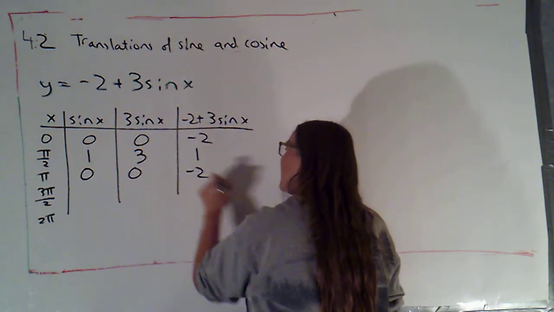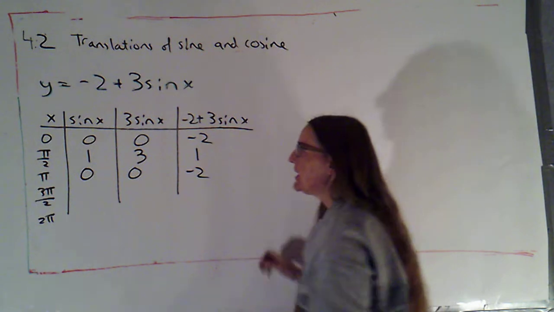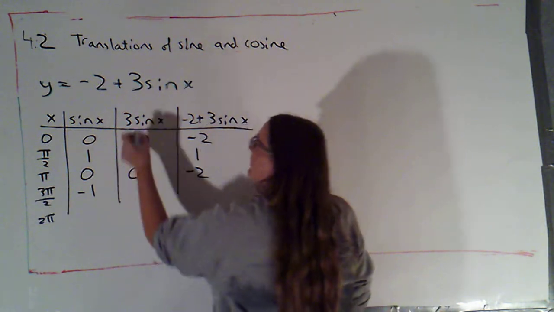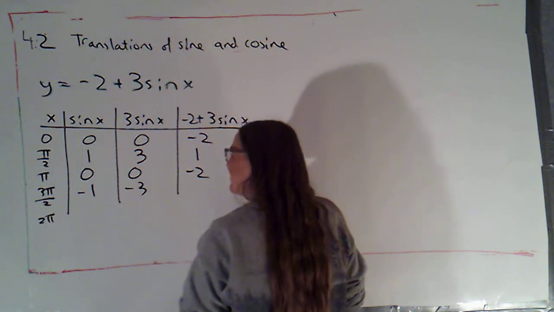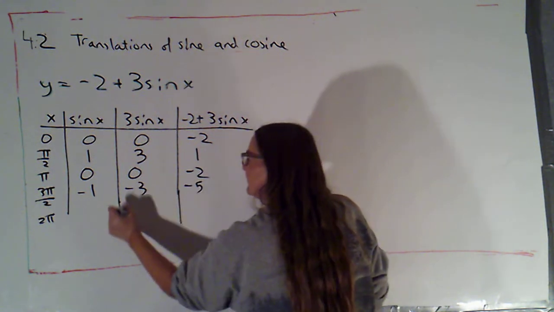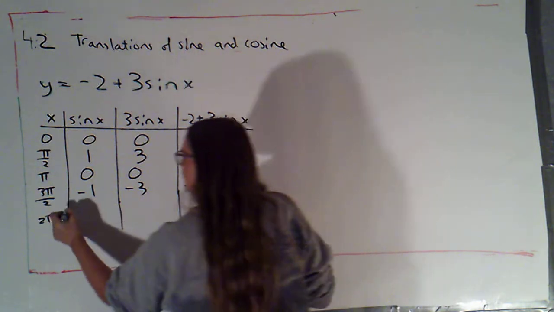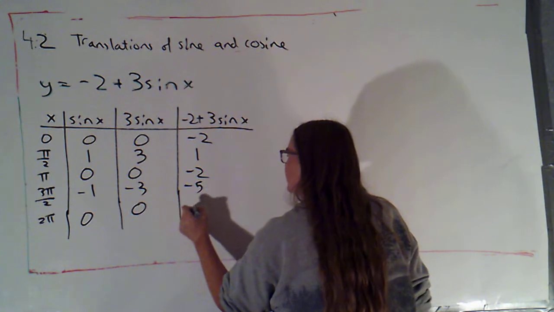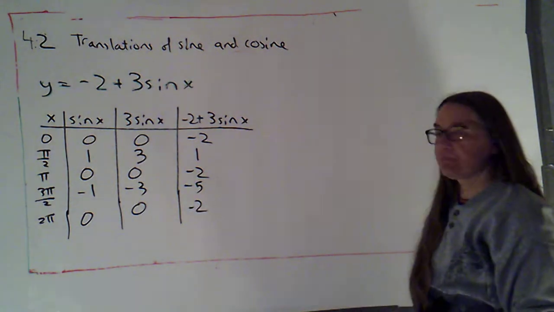Negative 2 plus 0 is negative 2. Sine of 3 pi over 2 is negative 1. 3 times negative 1 is negative 3. Negative 2 plus negative 3 is negative 5. Sine of 2 pi is 0. 3 times 0 is 0. Negative 2 plus 0 is negative 2.